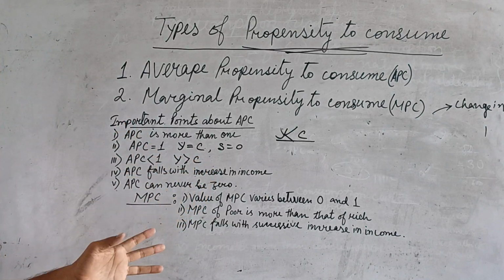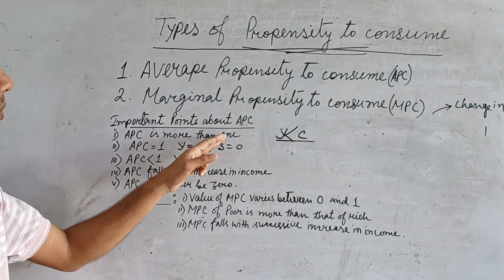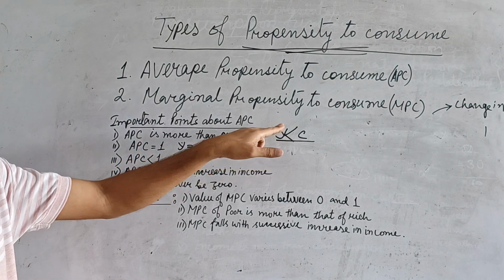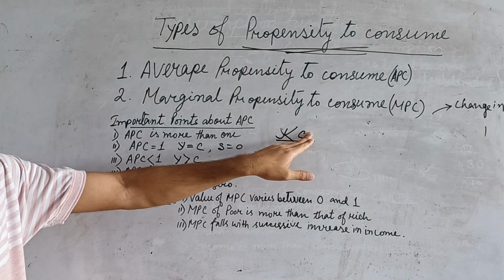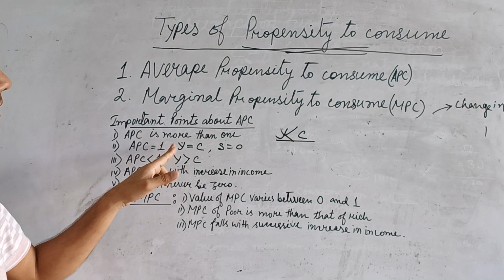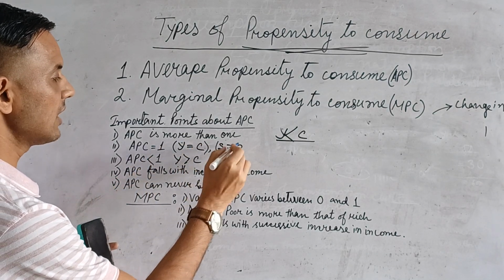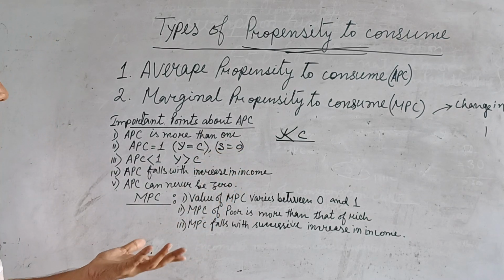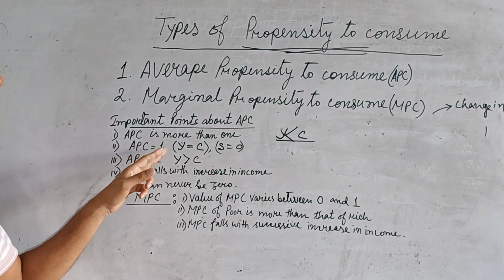These three points are very important. Clear? APC is less than 1 when income is more than consumption. APC is equal to 1 when Y is equal to C, or savings is 0, the break even point. It means at the break even point APC is equal to 1.